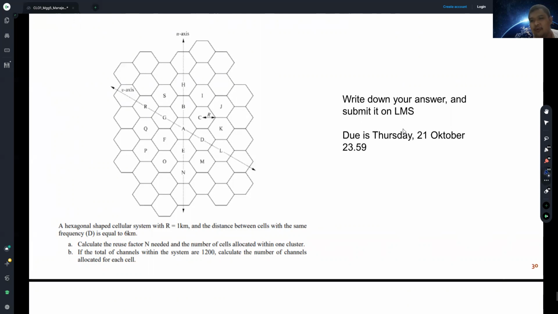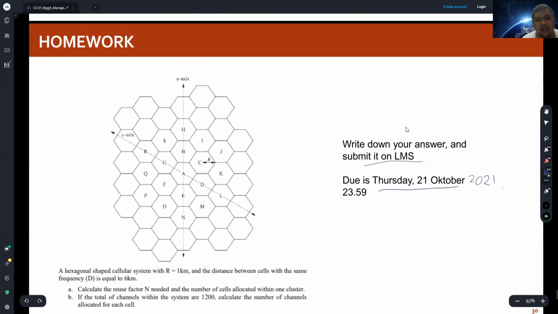It's not typed using Word, but you have to write down your answer, take a photo of it, and upload it to the LMS. Submit it on LMS, and the due date is Thursday, 20 October 2021, at 23:59.